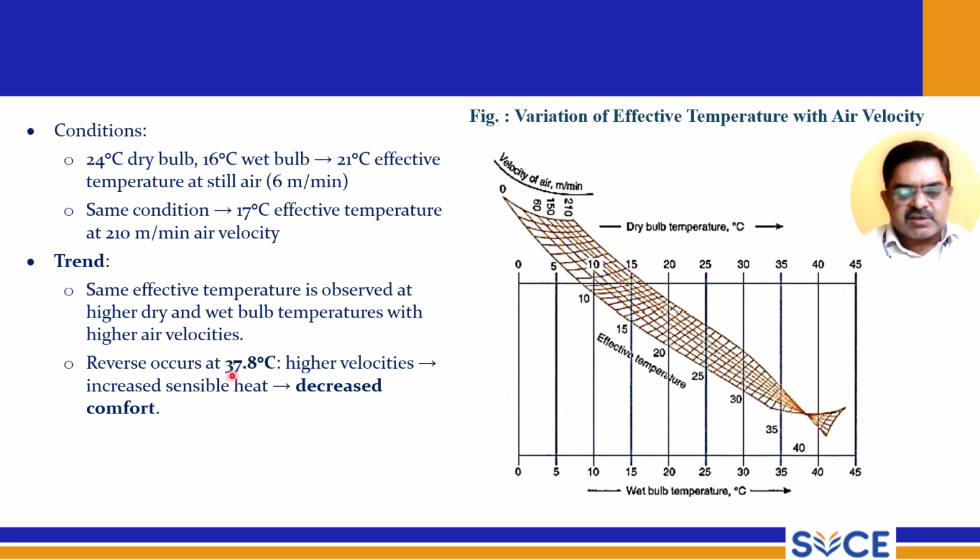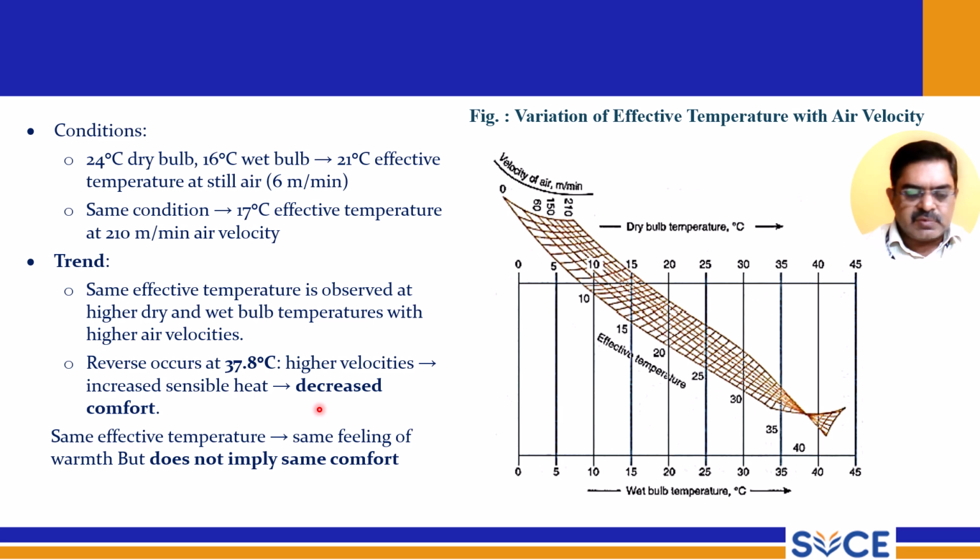The reverse occurs at 37.8 degrees Celsius, where higher velocities increase sensible heat, resulting in decreased comfort. So the same effective temperature means the same feeling of warmth, but does not imply the same comfort. This is the conclusion from the chart.